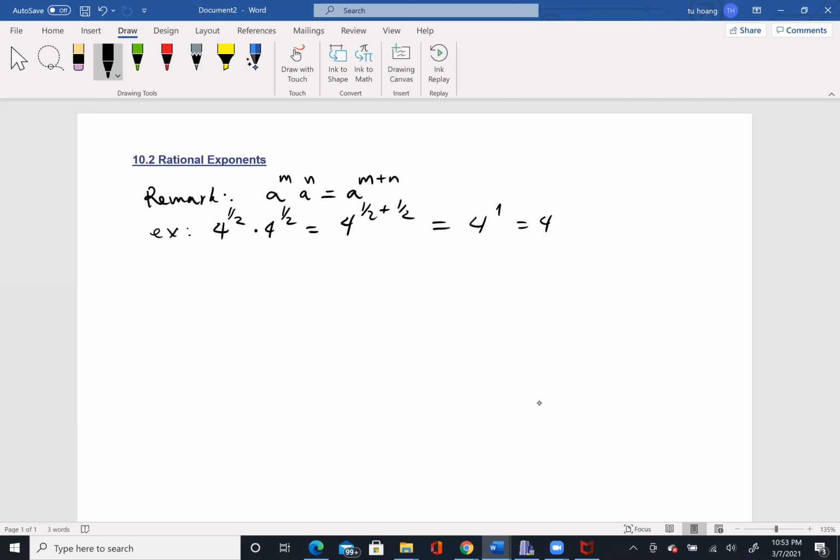Something multiplied by itself gives the number 4, right? Is that similar to square root of 4 times square root of 4 being equal to 4?